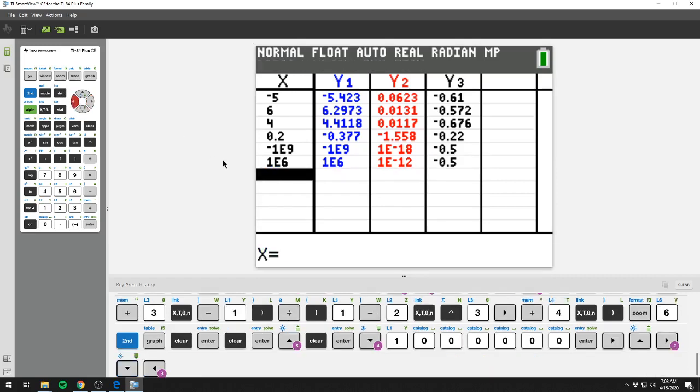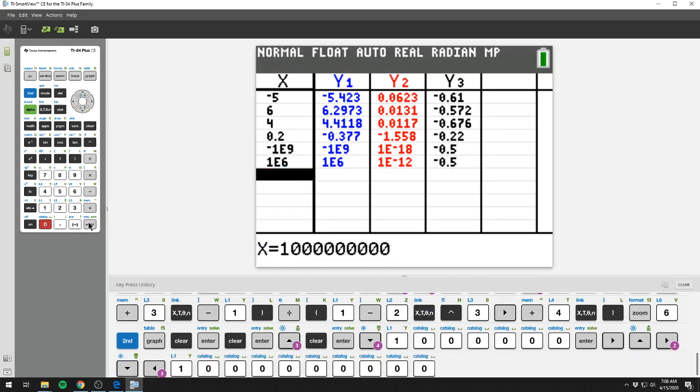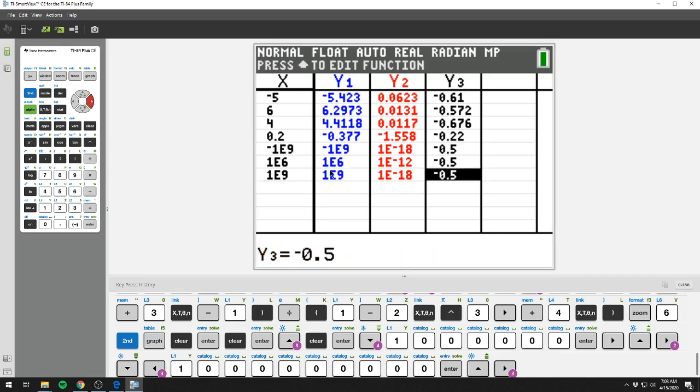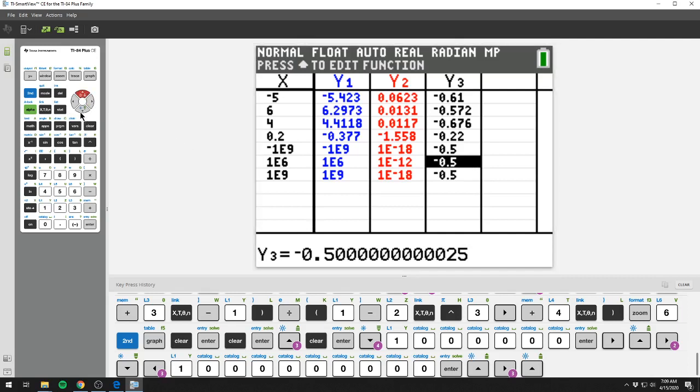Usually, if you plug in a big enough number like that, that's plenty. You don't need to do more. If you want to plug in an even bigger number, you can do that. And you'll see, at this point, it's so close to -1/2 that the calculator can't even round it away from -1/2 like it could up here. It doesn't have enough decimal spots in it.